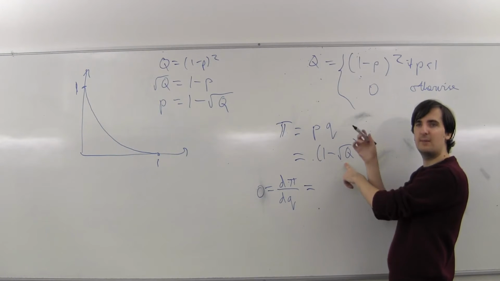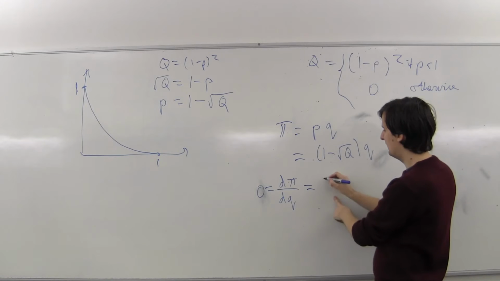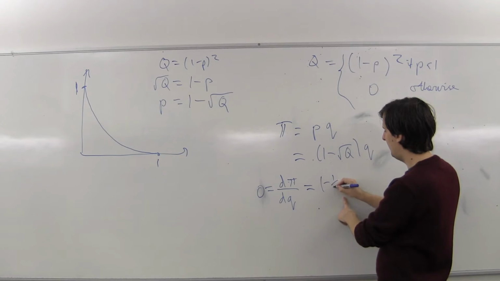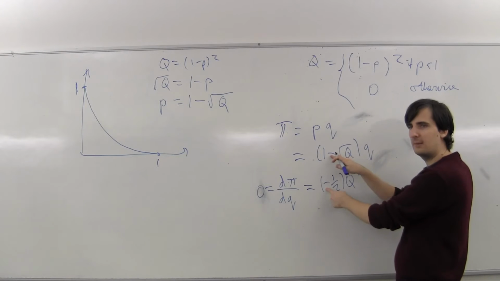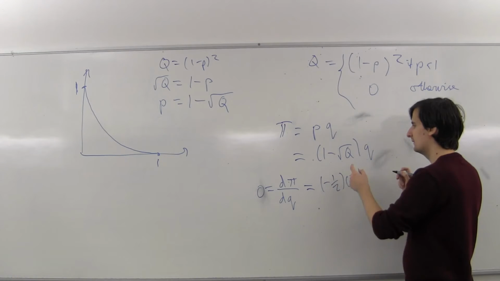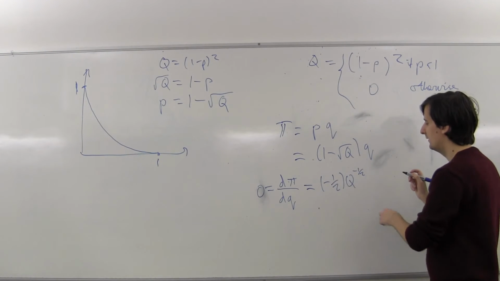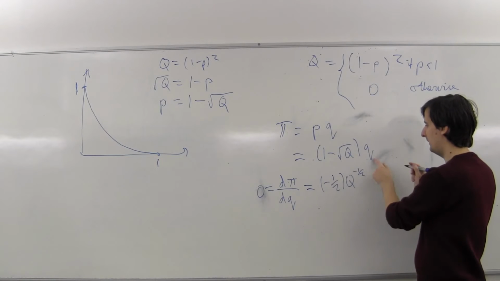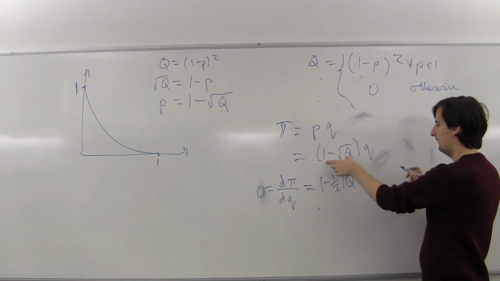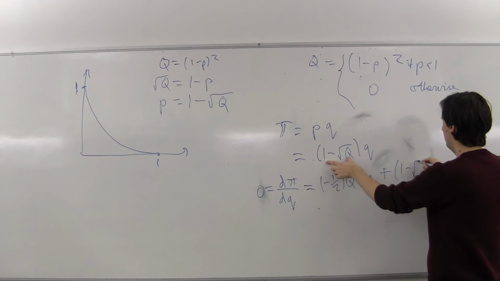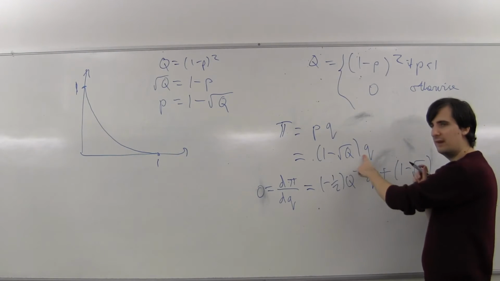The rule is n x to the n minus 1, so this gives us minus a half Q to the minus a half. The minus sign is coming from there. So this is the derivative of that, and we have to multiply by little q, plus this, 1 minus square root Q, times the derivative of little q, which is just 1.